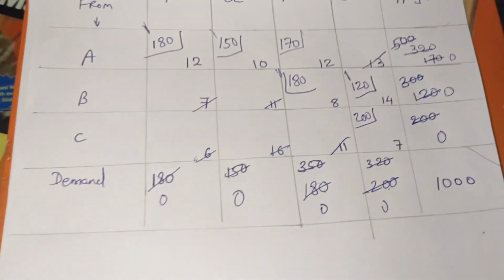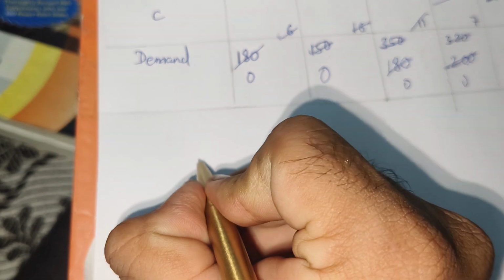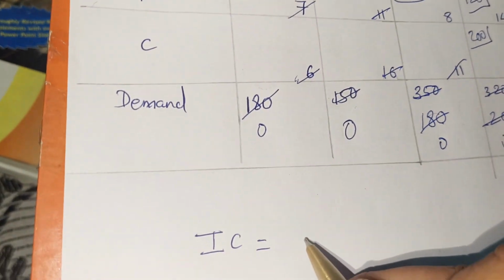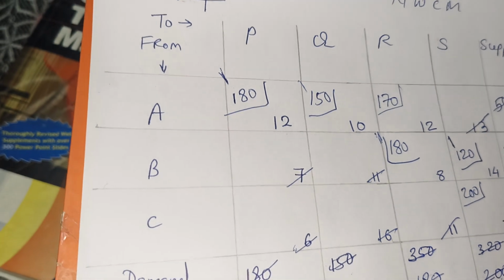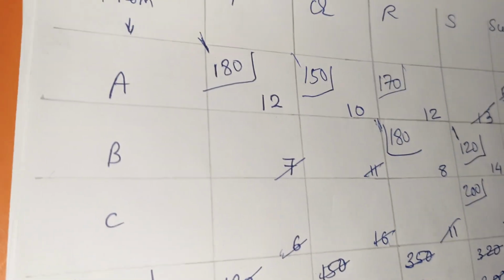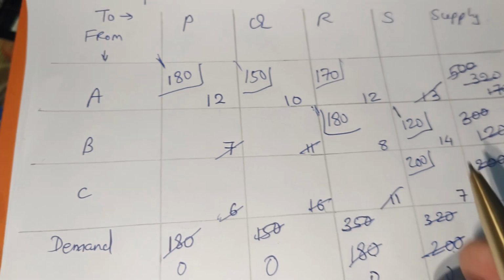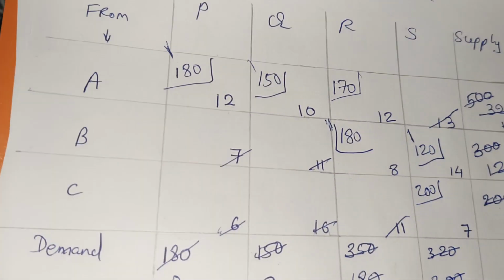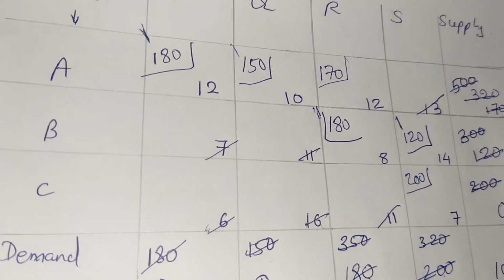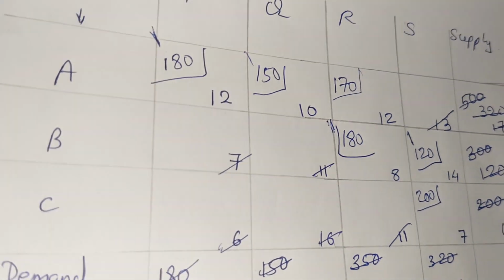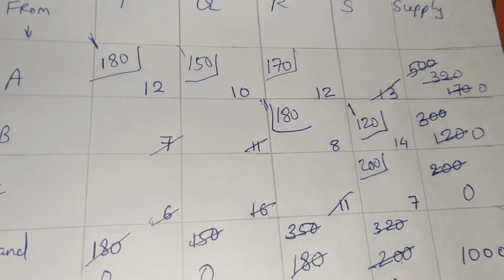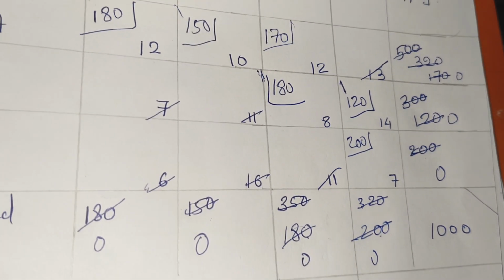Now an important step: you have to find the cost of it. So here you write initial cost, that is equal to, see the allocated cells and cost: 180 into 12 plus 150 into 10 plus 170 into 12 plus 180 into 8 plus 120 into 14 plus 200 into 7.